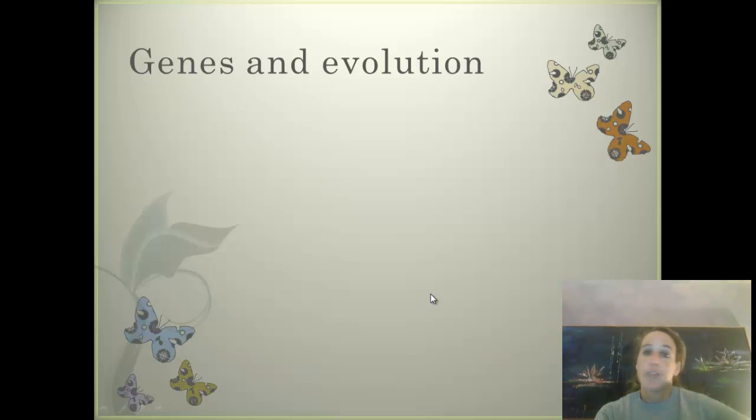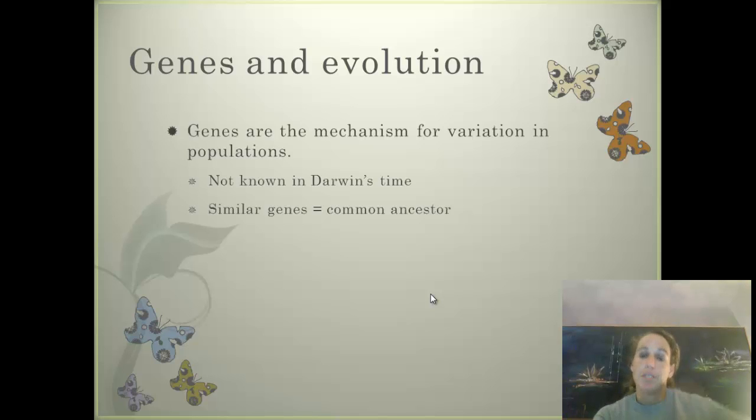Okay, so now up to some new evidence that's being used since we've done some more research with DNA. So Darwin would not have used this evidence, but we do know about it now. So what we know is that the reason that we have natural variation in our populations is because of DNA, and that's carried on our genes and our cells. And then the differences in DNA is what gives us variation.